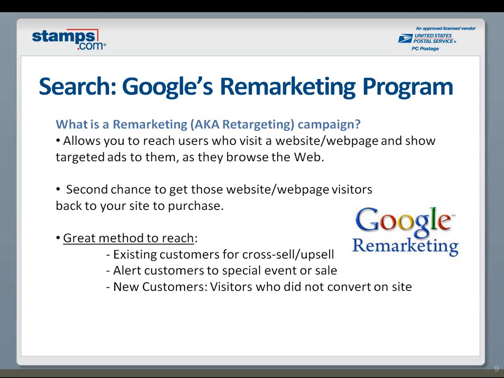The basic concept is when a visitor comes to your website and then does not purchase or doesn't perform some type of action that you want them to do, they get placed into a bucket. Google then allows you to show targeted ads to everyone in that bucket as they browse the web.